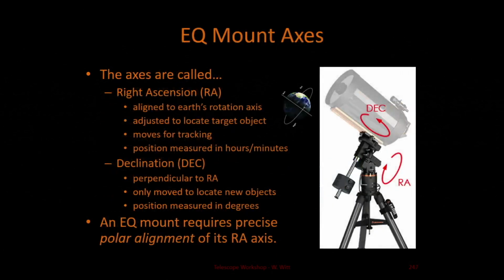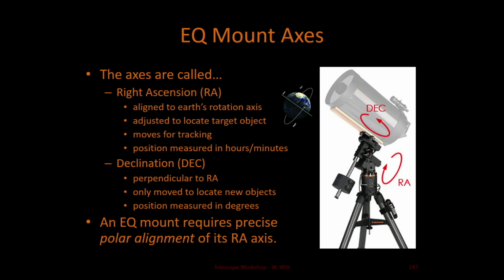So that kind of looks like this. Here's the Earth's spin axis, and the telescope has this thing called the RA axis, and that axis lines up with the Earth's rotation axis. How you get there is a good question, but that's part of the alignment step. You have to jiggle the telescope so that these axes align.